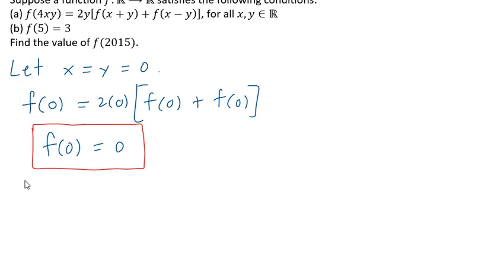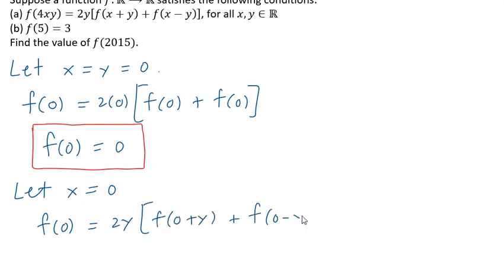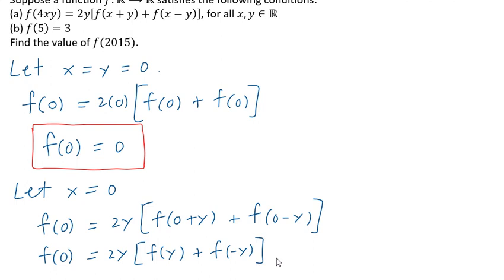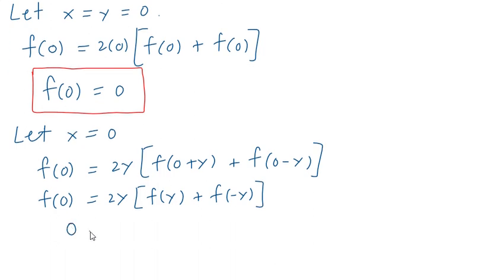Now let's plug in x equals 0. So we have f(0) = 2y(f(y) + f(-y)). But f(0) is equal to 0, so we have 0 = 2y(f(y) + f(-y)).